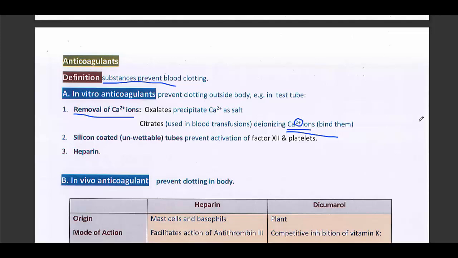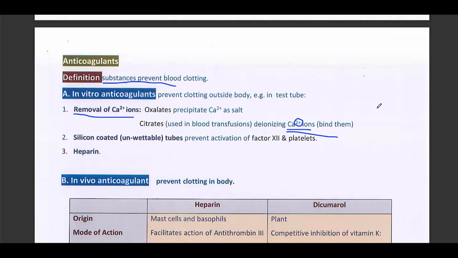This is very important. If calcium didn't have these two positive charges, it would not share in clotting. So citrate deionizes the calcium ion, and oxalate precipitates calcium as a salt. So this is the first way.